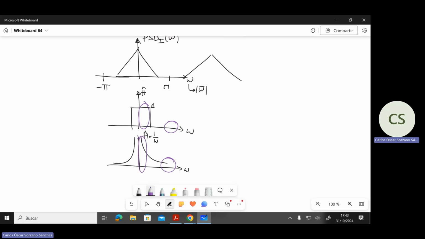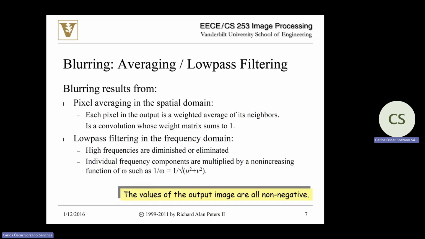The high frequencies are dampened or eliminated by the filter. Here we have one of them, and here you see the modulus of the frequency, omega x squared plus omega y squared.